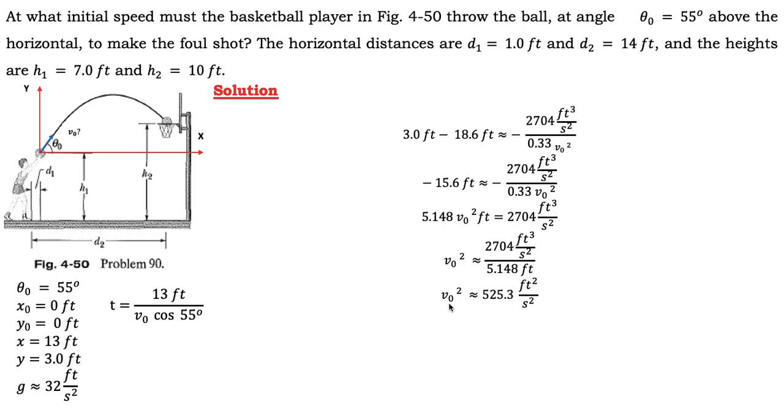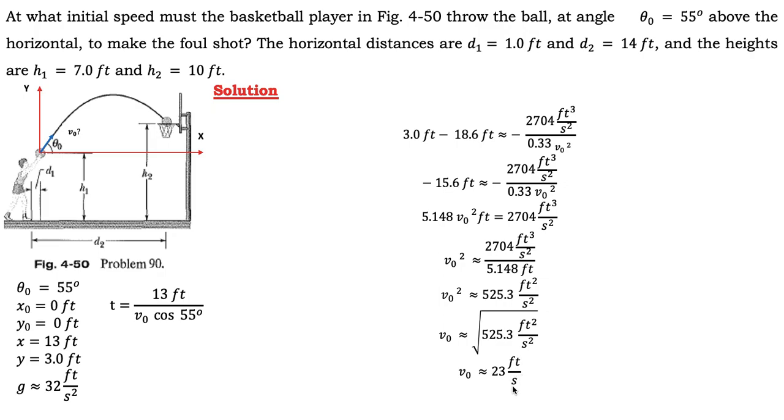We get v0 squared approximately 525.3 feet squared per square second, and v0 is the root of this, so we get v0 approximately 23 feet per second.